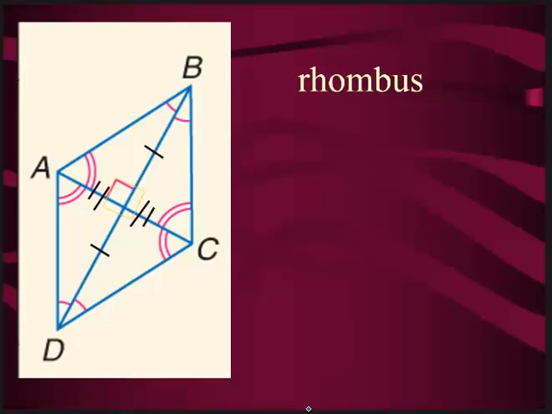Okay, so here's what a rhombus is going to look like. All four of these sides are congruent to each other. I'm going to put 3 congruency marks here to distinguish them from the diagonal parts. Okay, so we have our 2 diagonals that bisect each other. We know that because of these congruency marks, the same on both parts.